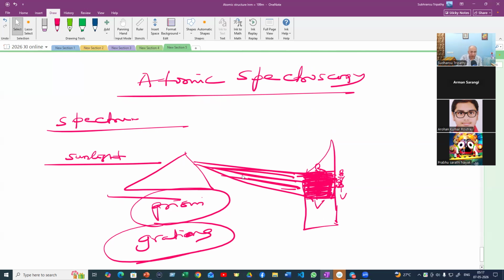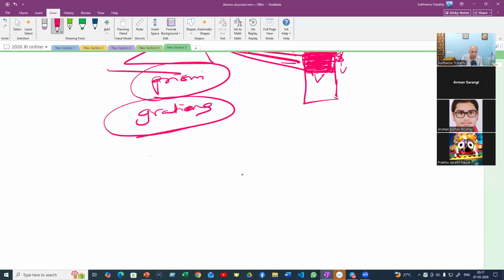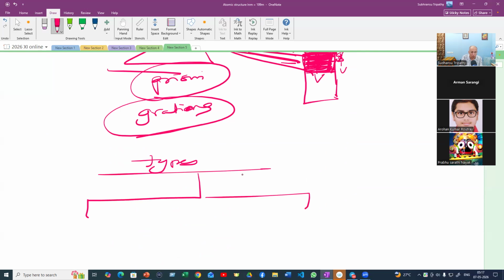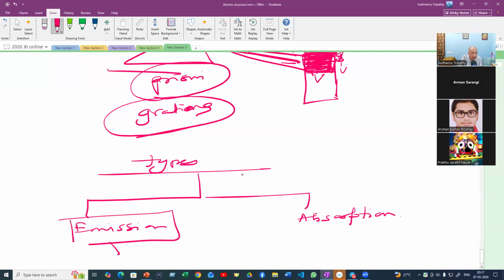And spectrum is basically of 2 types. One is emission, the other one is absorption. Usually when we say spectrum, we mean emission.